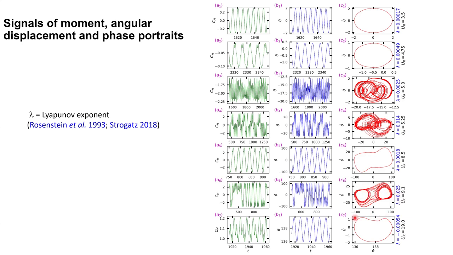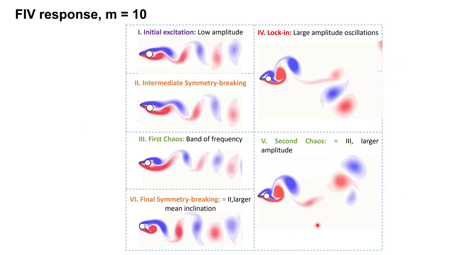And then further symmetry breaking, where you have very low lambdas and very low thetas as well. So these signals actually correspond to these ones: the first chaos and second chaos. We can see the lambdas are very high, then intermediate symmetry breaking, the lock-in, and the final symmetry breaking.